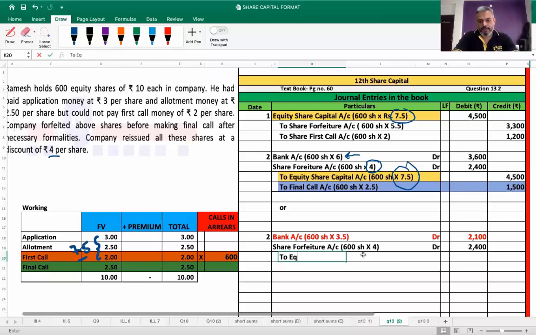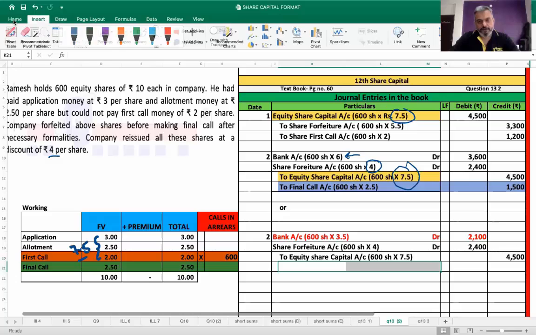And to equity share capital account, 600 shares into 7.5, so that comes to 4500. So you can do alternatively this as well, because here there is no clarity.